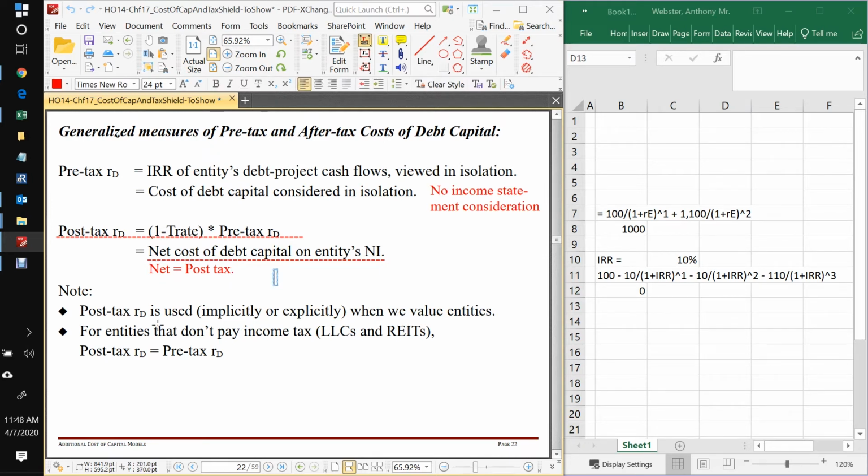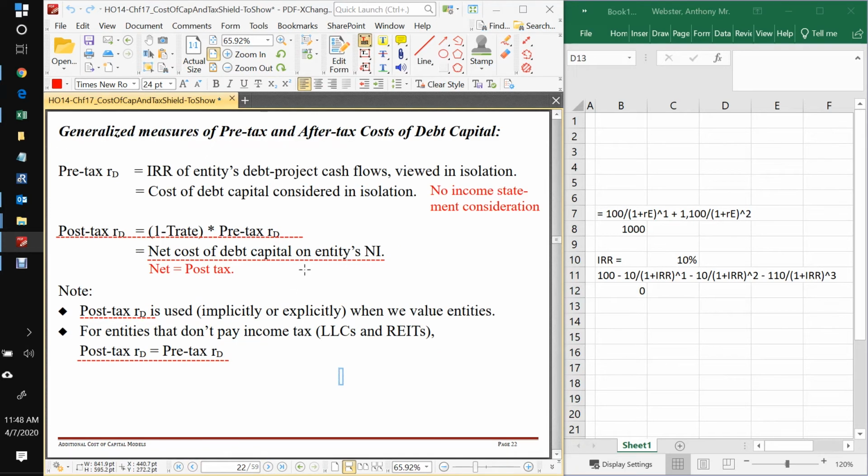Okay, and we're going to start valuing entities using methods other than the balance sheet valuation method, and we're going to use our post-tax cost of capital for that. Another thing to note is if we have something like an LLC or a REIT which doesn't pay income tax, in that case, the post-tax cost of capital is going to equal the pre-tax cost of capital.